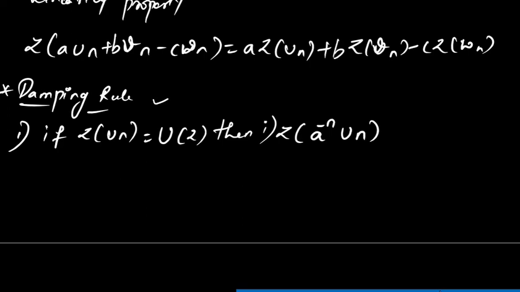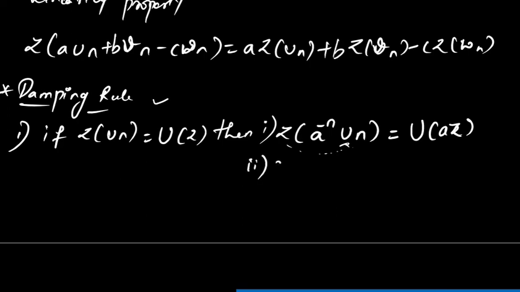So whenever you have a constant power negative n function, you can use the damping rule. Your answer can be directly written as u of az. Some textbooks use a as k, so based on your reference textbook you can change the variable. But when you apply the damping rule for a power minus n, your solution will be u of az. That means the same as what we did for Laplace transform: take the transformation of the given function, and whatever function you have got, replace z with az.